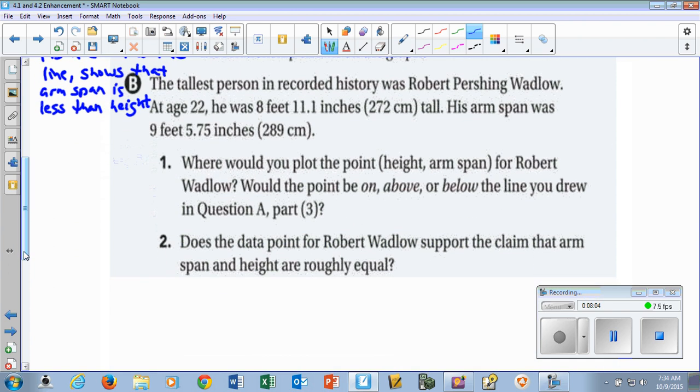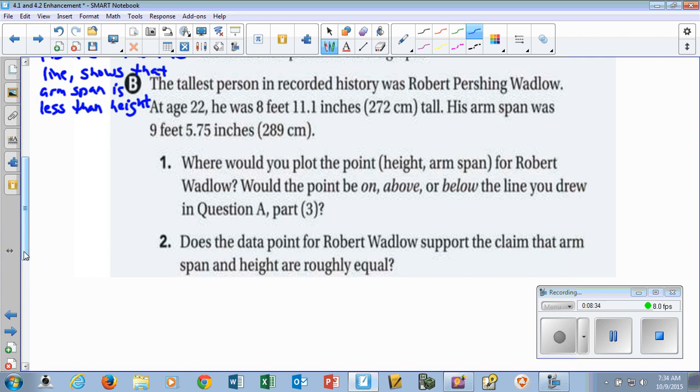it says the tallest person in recorded history is Robert Pershing Wadlow. At age 22, he was 8 feet 11.1 inches tall. So that's 272 centimeters. His arm span was 9.575 inches. Now, if you take a look at your graph that we had in the very first page, we're going by inches here.